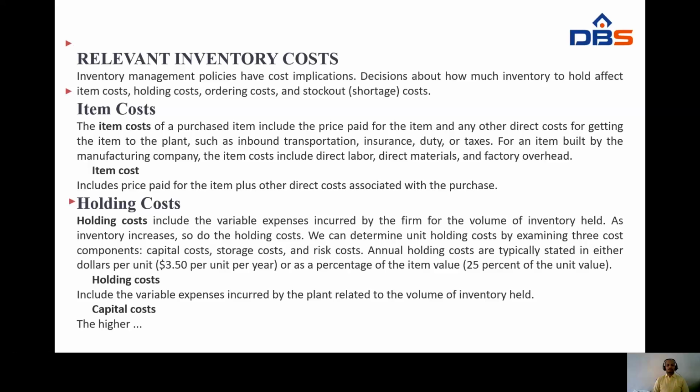The cost of an item built by the manufacturing company includes the direct labor, direct materials and factory overhead. So item cost includes the price paid for the item plus other direct costs associated with the purchase.